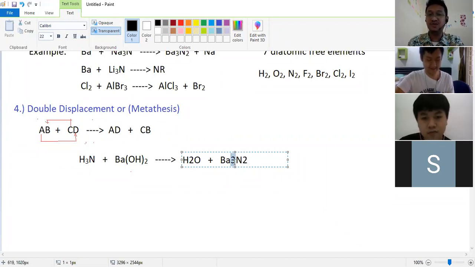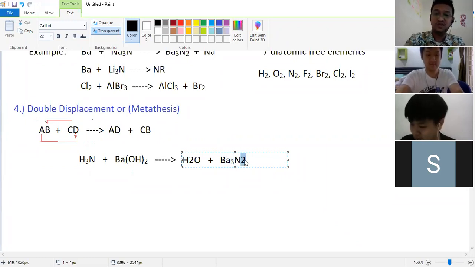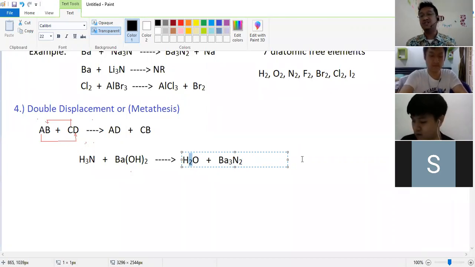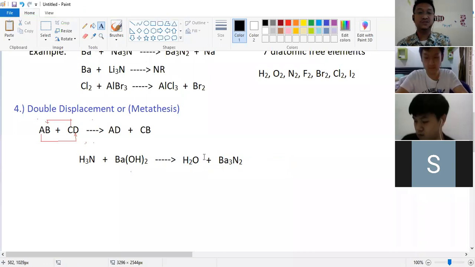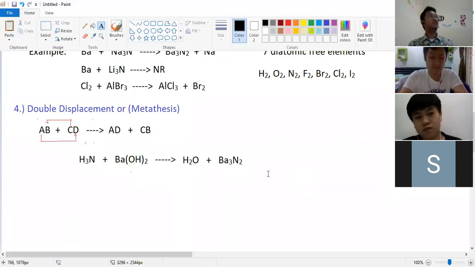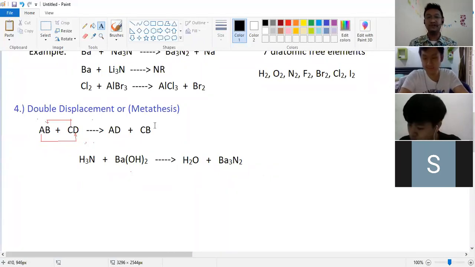I will not elaborate on this because we've studied this before when we dealt with nomenclature of compounds. Just apply the crisscross method if the compound is ionic. So this is the result. Or you can also say barium nitride plus water. You can swap them, it doesn't matter. Do you have any question regarding double displacement reaction? It's easier for double displacement. Just follow this, and you will be guided on how to predict the possible products.